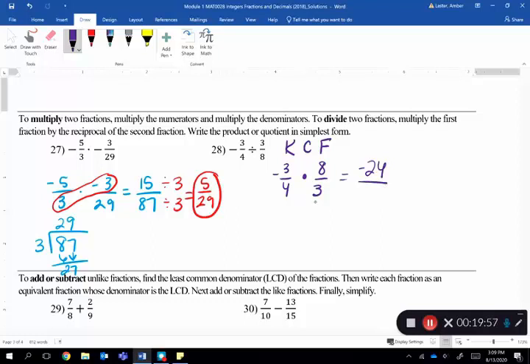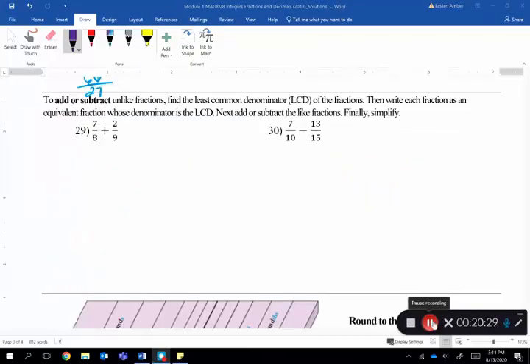Divided by 4 times 3 is 12. And hopefully maybe you see that these are actually factors of each other. So this actually divides evenly into negative 2. Again, this is the correct answer. If you answer this, MyMathLab will mark you wrong because it's not the simplest form of the answer.